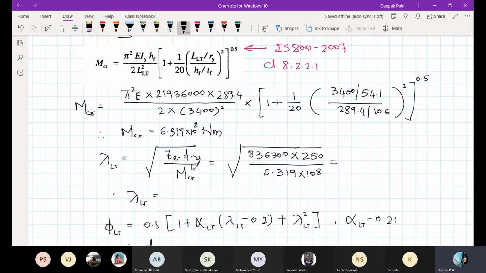From this you will get lambda LT as 0.585.